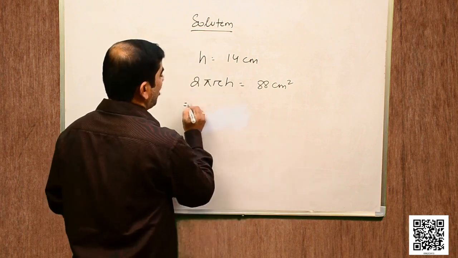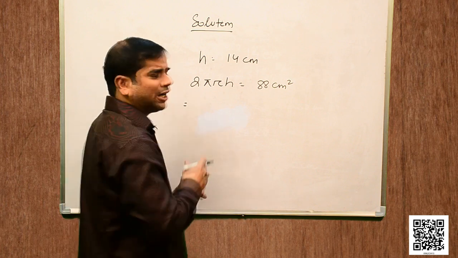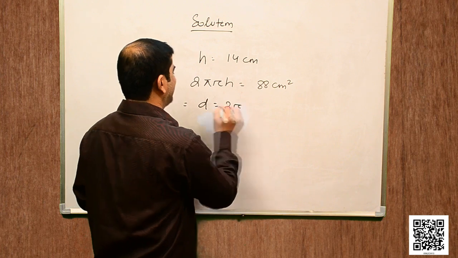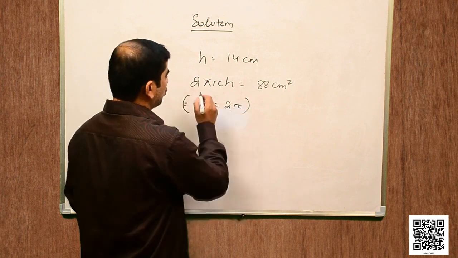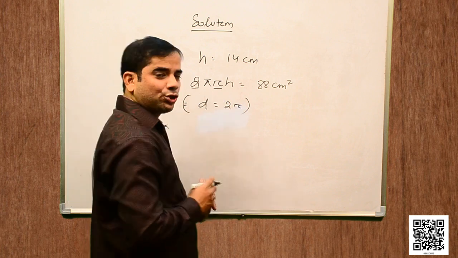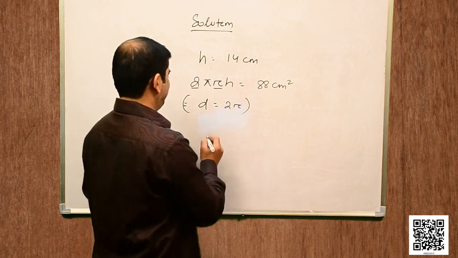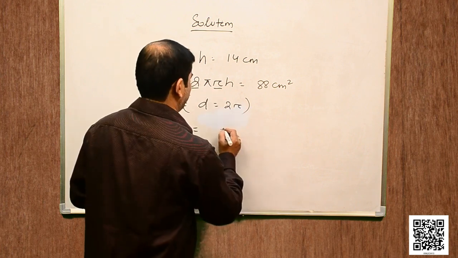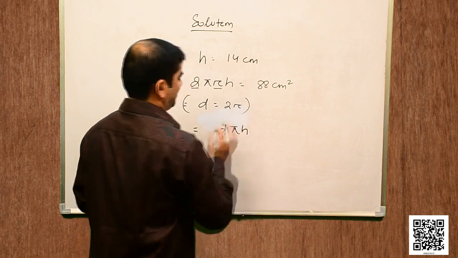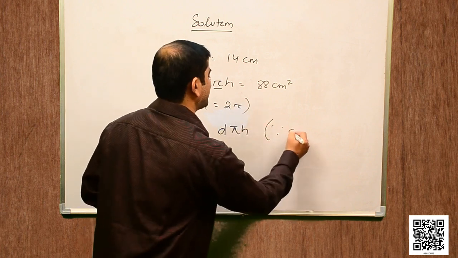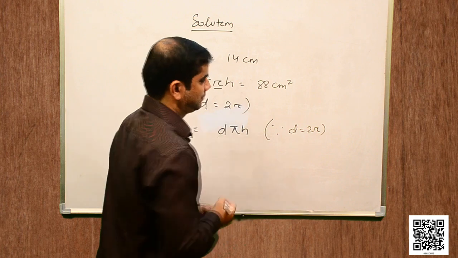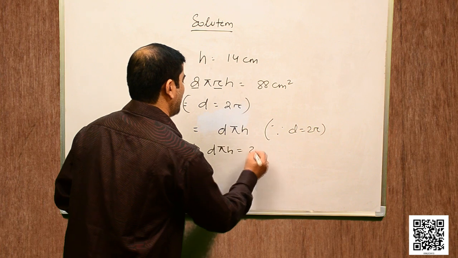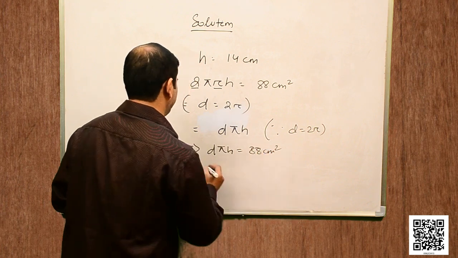Or from here we can do one thing. We know d is equal to 2r, isn't it? So we can substitute 2r by d and write down the formula as d pi h. That implies d pi h is equal to 88 centimeter square.